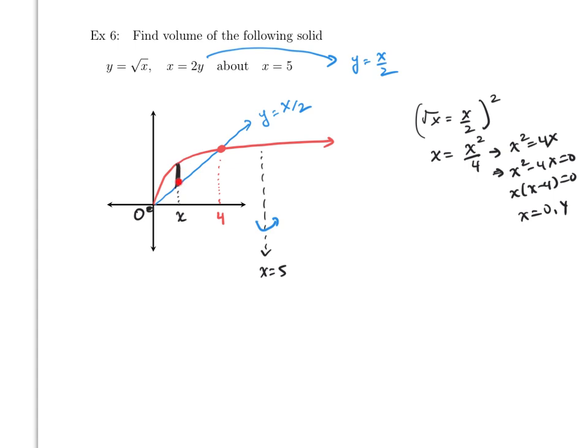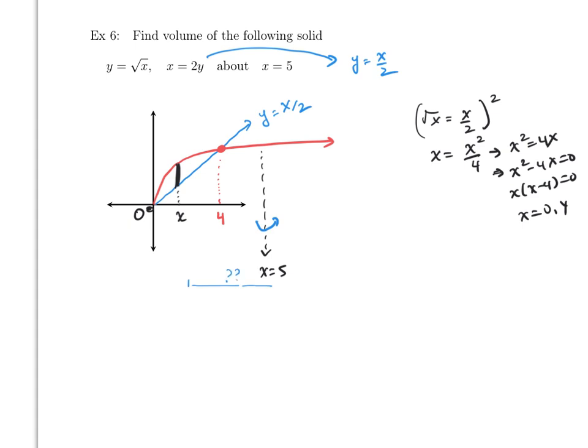Remember, the partition and the axis of rotation have to be parallel. So now we just need to make sure that we know the distance from the partition to the axis of rotation.